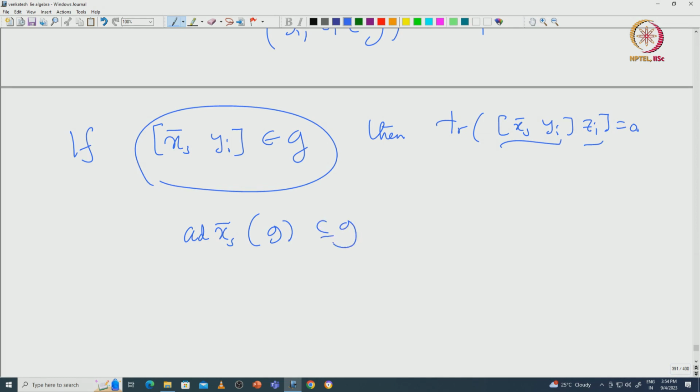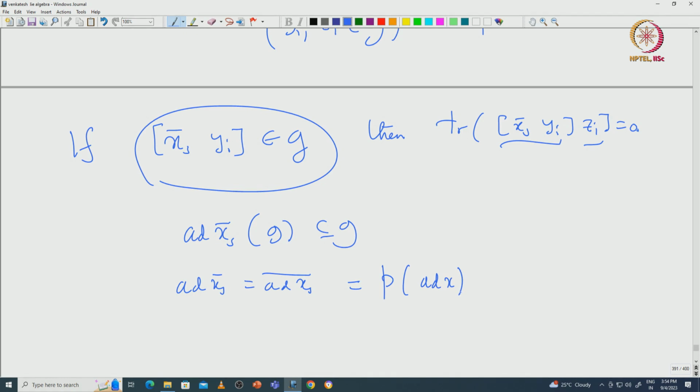But why is this true? You can see that ad xs bar is equal to ad x s capital bar, which we have already seen from our earlier lemma. So there exists a polynomial such that ad xs bar is given by a polynomial in ad x.